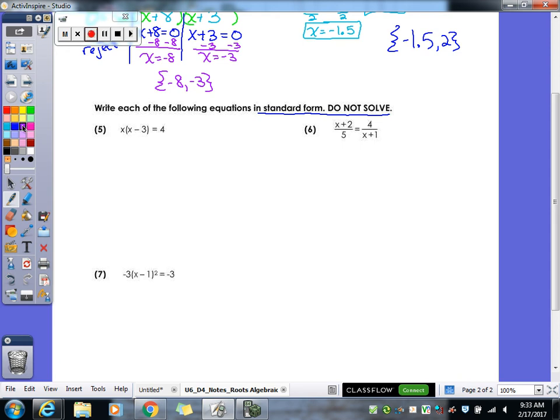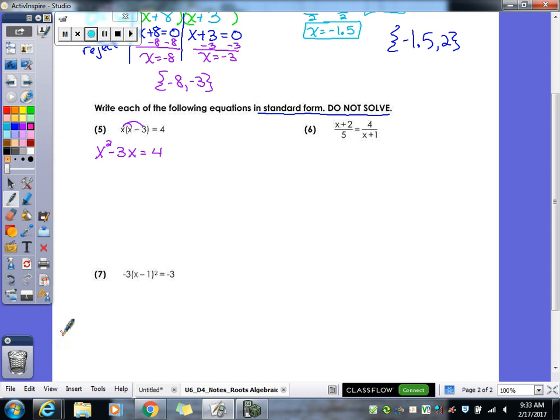So for number 5, what should we do first to try to get in standard form? Distribute. X times x is x squared. X times negative 3 is negative 3x. And it equals a 4. Is that standard form?